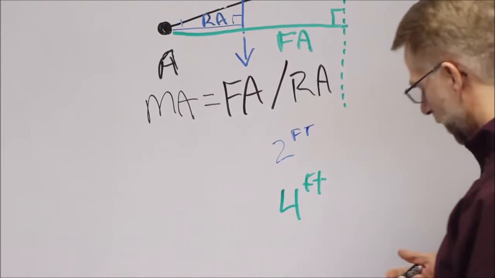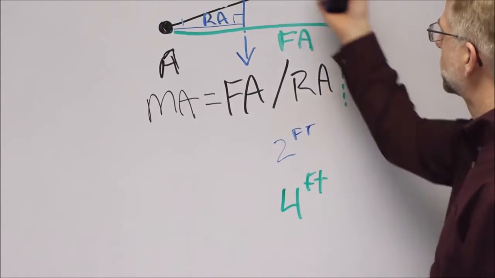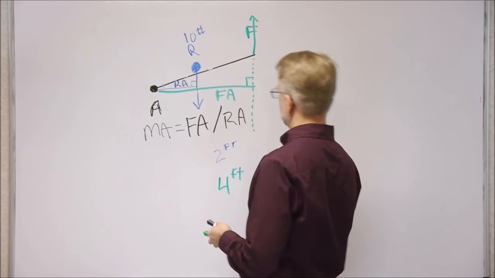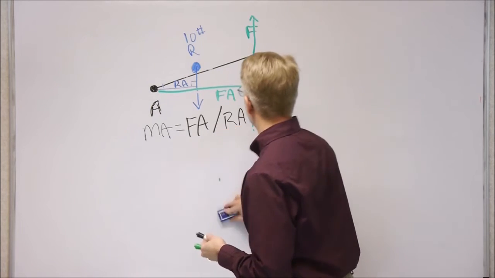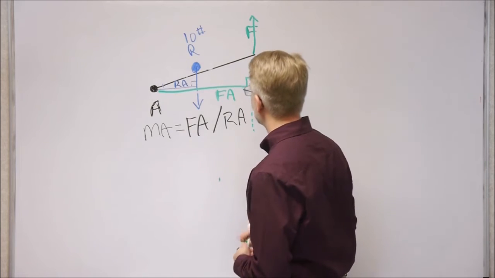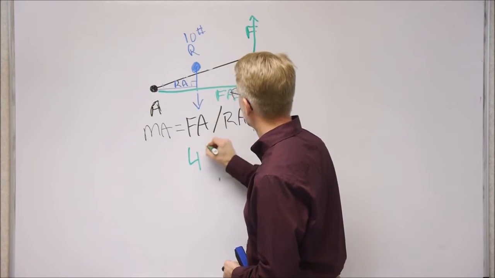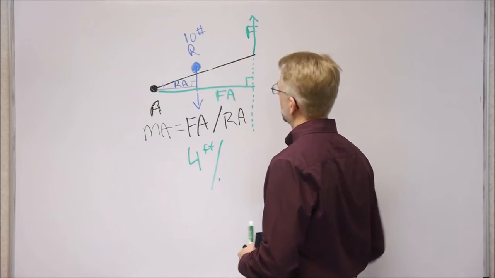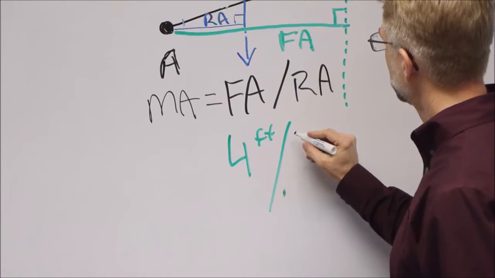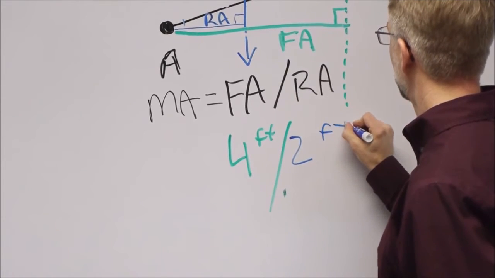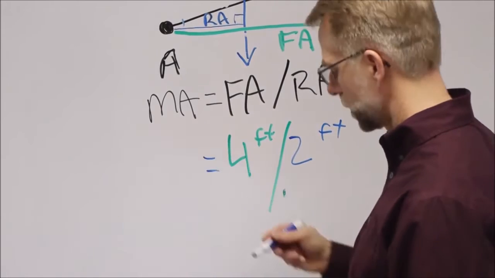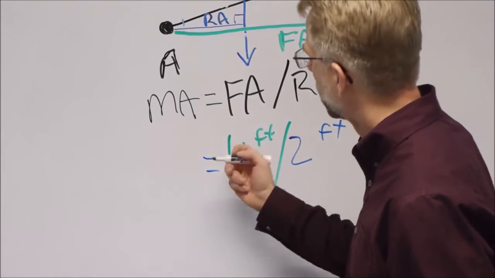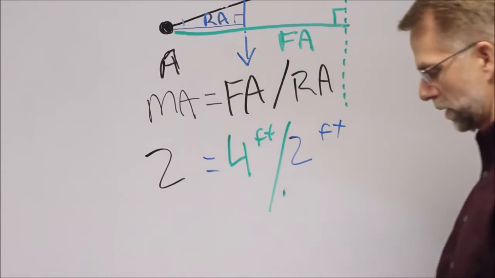Applying that to our example here, our force arm was 4 feet, and our resistance arm was 2 feet. So our mechanical advantage is 4 divided by 2, or simply 2.